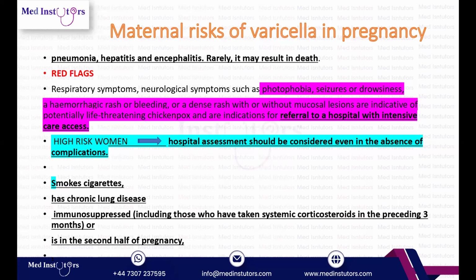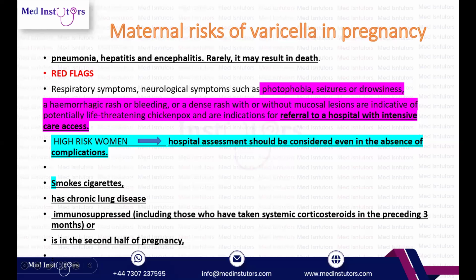That is why women should be told about the red flag signs: whenever she develops any respiratory symptoms, neurological symptoms like photophobia, seizures, drowsiness, or appearance of hemorrhagic rashes, bleeding, dense rashes with or without mucosal lesions. These indicate potentially life-threatening chickenpox and are indications for referral to a hospital with ICU access.